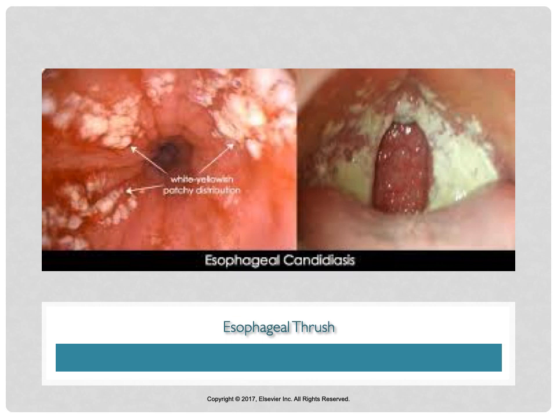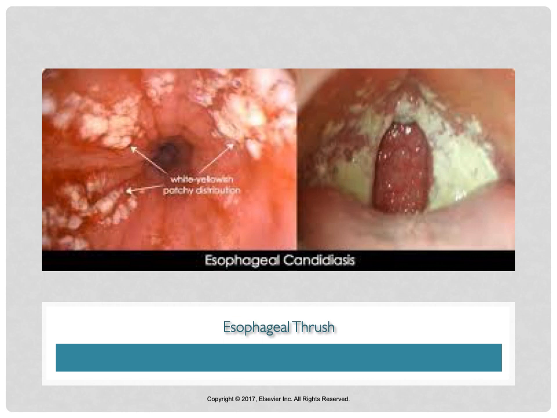So this particular picture is of an esophagus. And you can see on the left-hand side, it's a mild esophageal thrush, where the picture on the right is a little more severe.